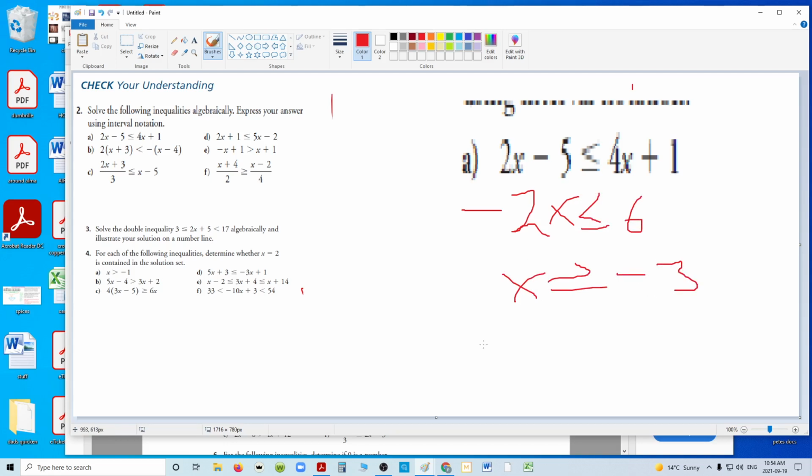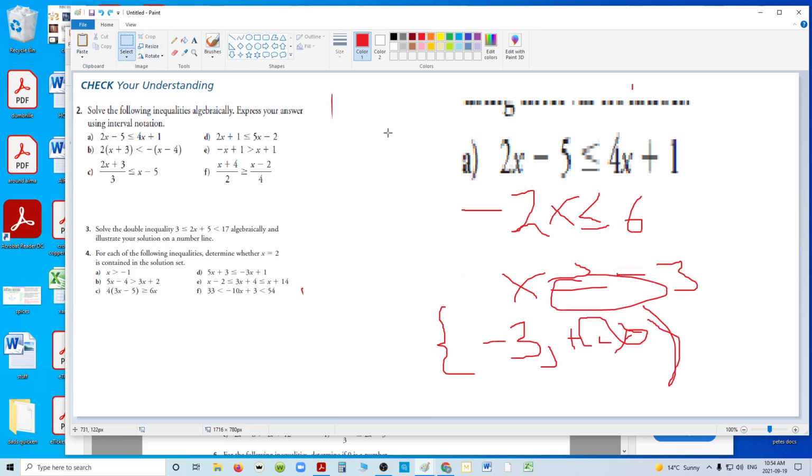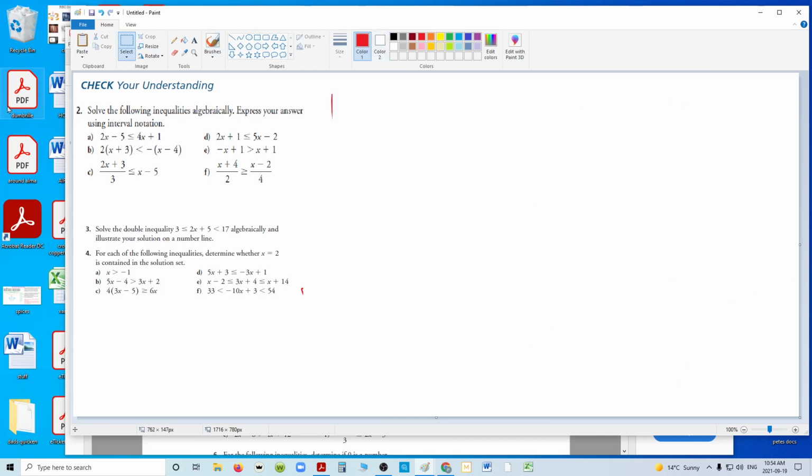And there's my answer. And in interval notation, it's like this. Oh, curly bracket because of this equal, comma, positive infinity is the right side of it, rounded bracket. There you go. Check your answers in the back of the book.